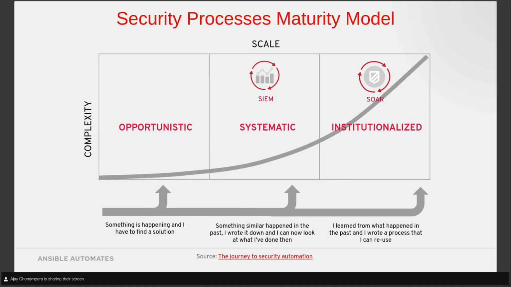An opportunistic SOC might not even have a SOC as defined. There might not be a defined SOC team, but an opportunistic SOC is usually reactive. They see an incident and they react to the incident. This might simply consist of a team of network engineers who are also security aware.